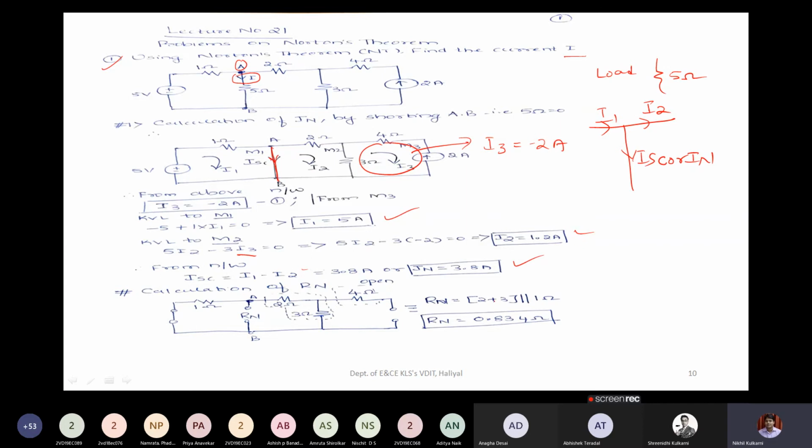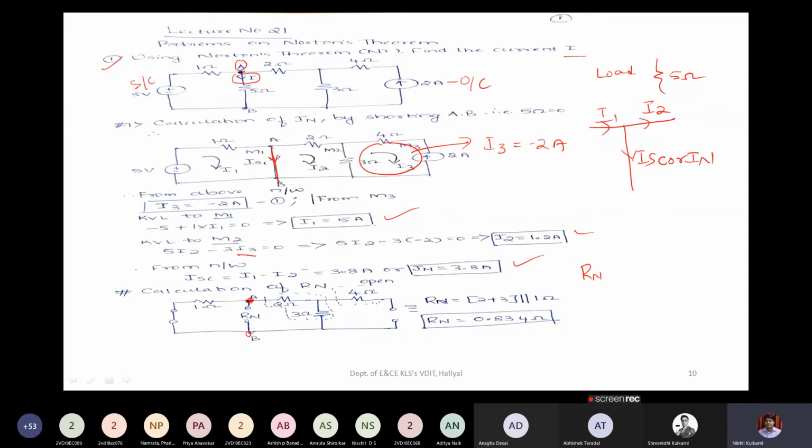Similarly, if you want to calculate the Norton's resistance, then we have a current source and a voltage source. The current source should be made open circuit, and the voltage source has to be made short circuit. That I have done here. We want the resistance across these 2 points here. The 1 ohm, 2 ohm and 3 ohm are not in series, right? So how to solve it?